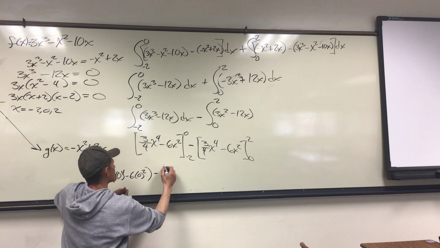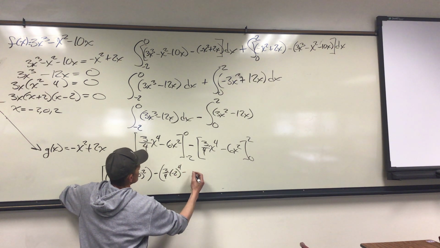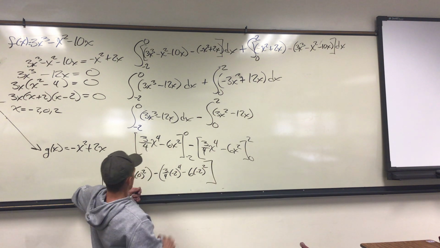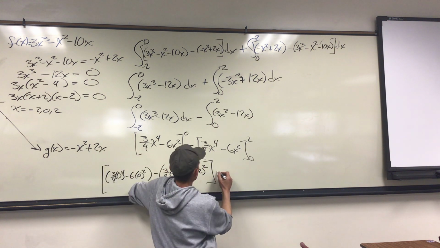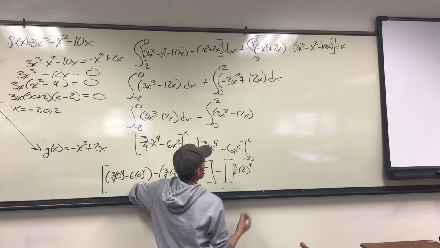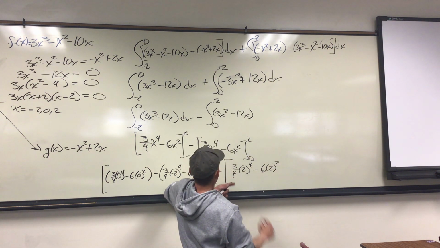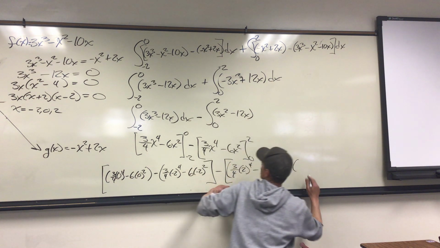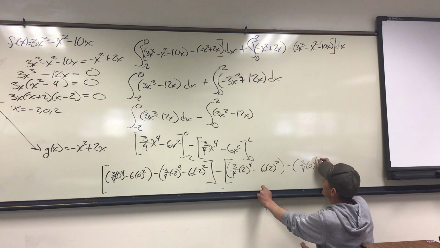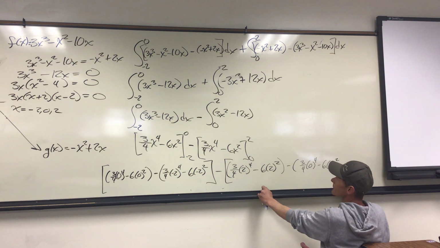Then I have to subtract, and I have 3/4 minus 2 raised to the 4th minus 6 times minus 2 squared. That's the first. And then we have minus 3/4 2 raised to the 4th minus 6 times 2 squared. That's the first one. Minus, ooh, this is going to be easy. This one. 3/4 times 0 raised to the 4th minus 6 times 0 squared.